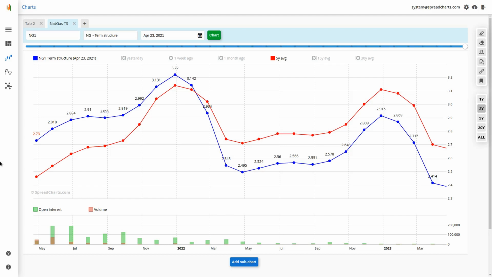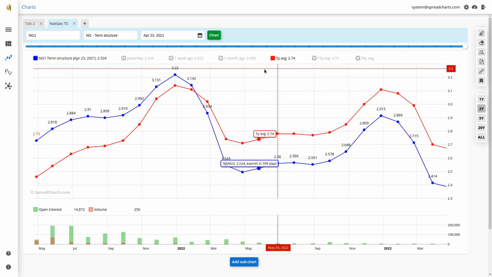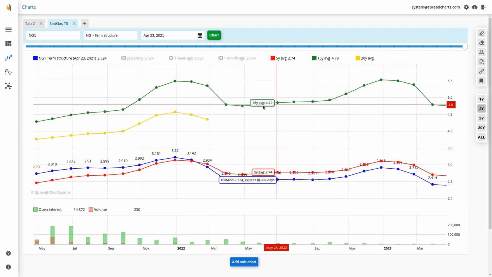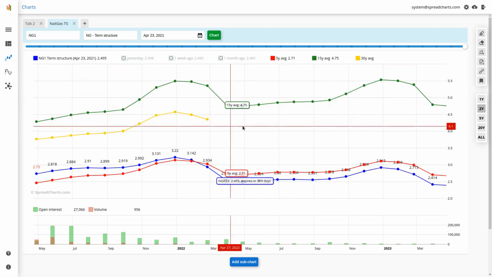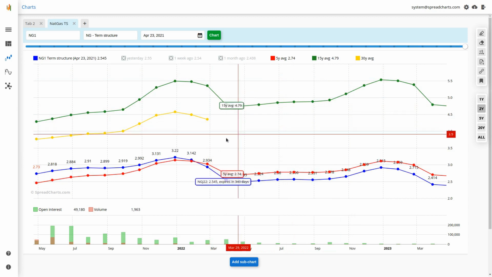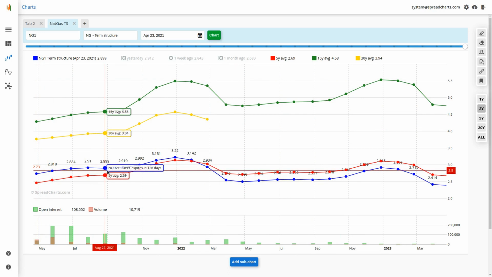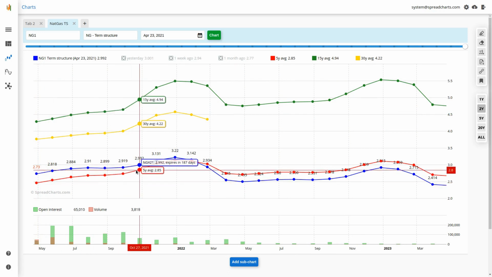Let's show not just the 5-year average term structure, but also the 15-year and maybe even the 30-year average curve. And you can see that suddenly the current prices don't look as high as before.